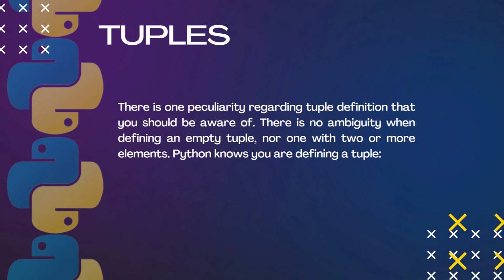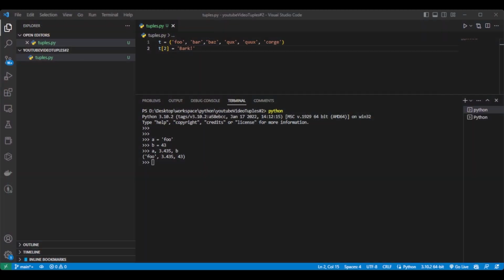So let's go to the IDE and define a variable called t, okay, with an empty tuple, and let's see the type of t. It's a tuple.